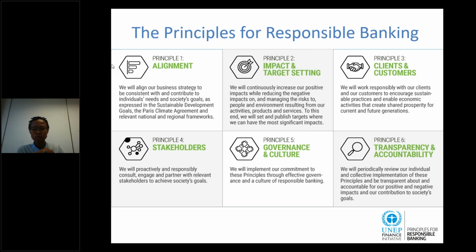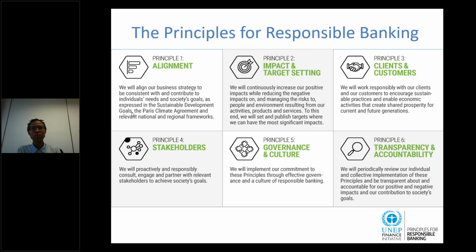It also implies that we need to have internal expertise towards these topics and a specialized and dedicated team whose expertise can help the whole bank to implement the principles. So what this implies is that the implementation of the principles cannot be done alone by one person that is supposed to be the sustainability manager.